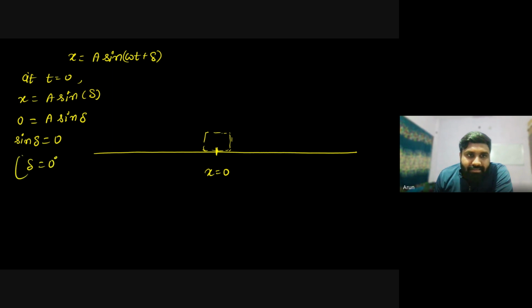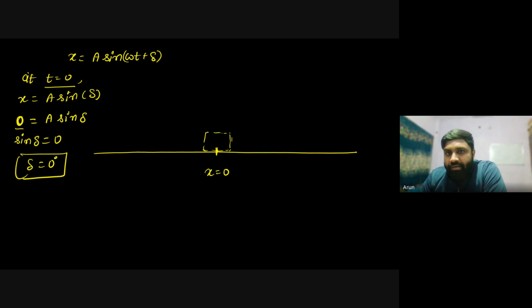We know that sine is 0 for 0 degrees and multiples of 2 pi. So at time t equals 0, the body is at the 0 displacement condition, at the mean position.